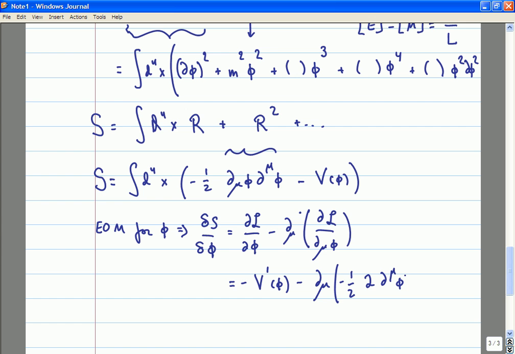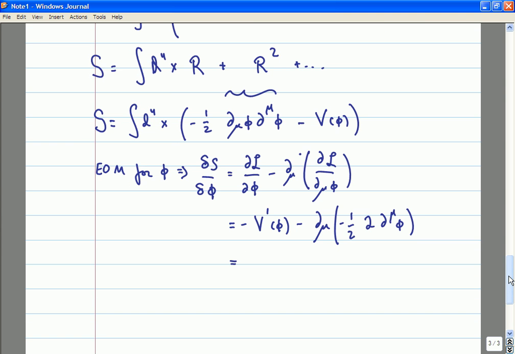Or, putting it all together, the equation of motion is d mu d mu phi minus V prime of phi is equal to 0. Or d mu d mu phi is equal to V prime of phi.